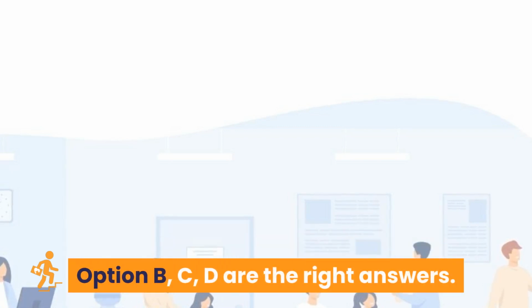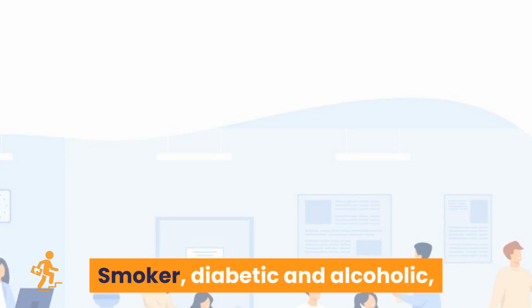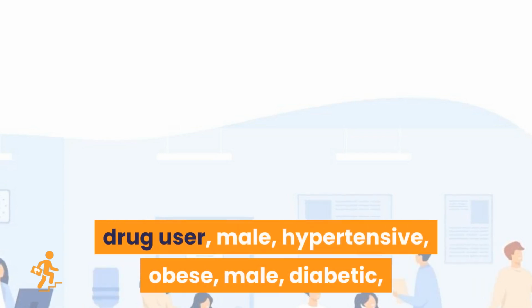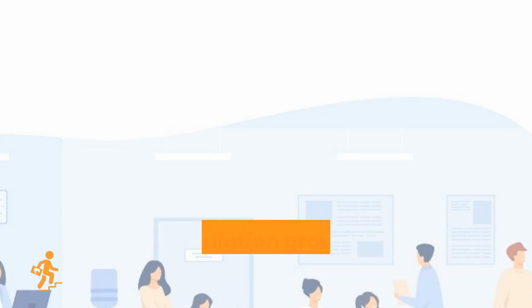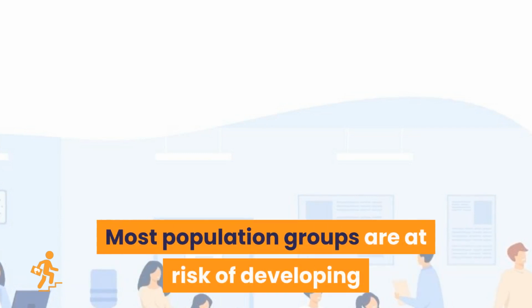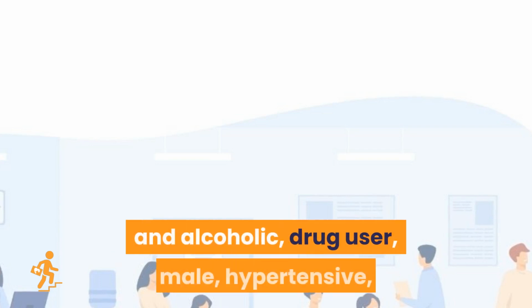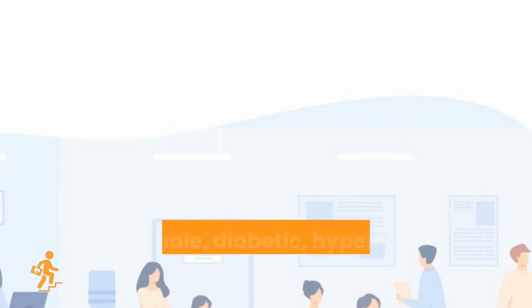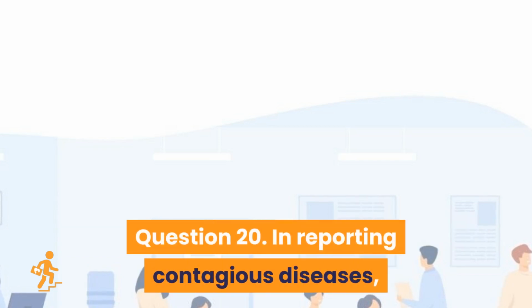Option B, C, D are the right answers. The population groups most at risk of developing cardiovascular disease are smoker, diabetic and alcoholic, drug user, male, hypertensive, obese, male, diabetic, hypertensive, and sedentary lifestyle.